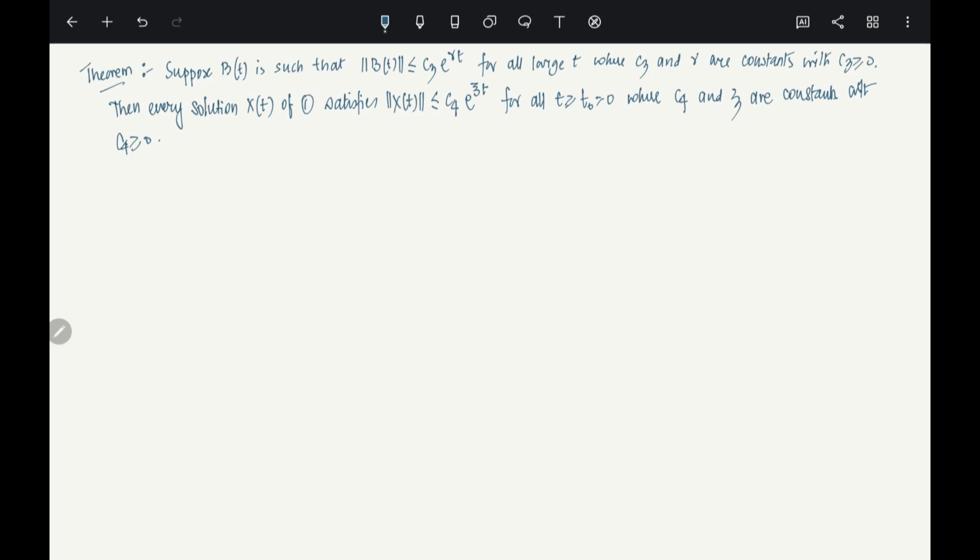So how do I show something like this? The proof is actually not very difficult, it's some calculation.